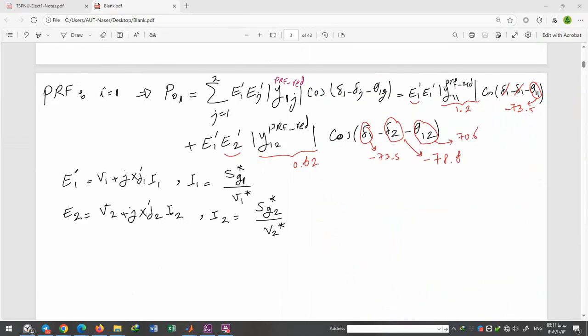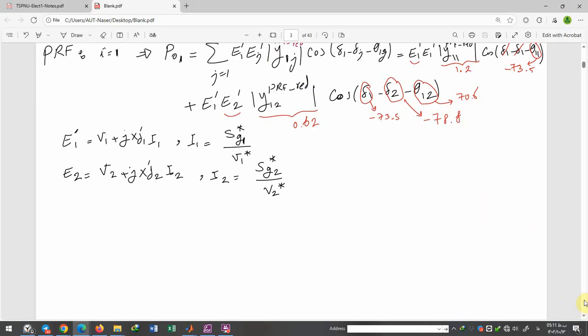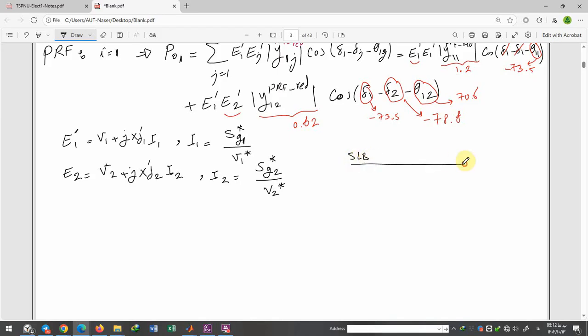So suppose that we have as an input of the questions the slack bus, the bus number 1.